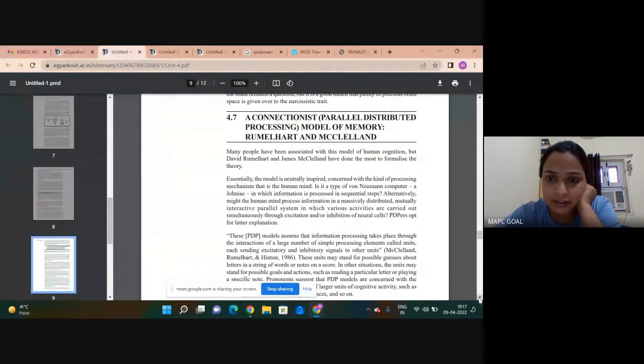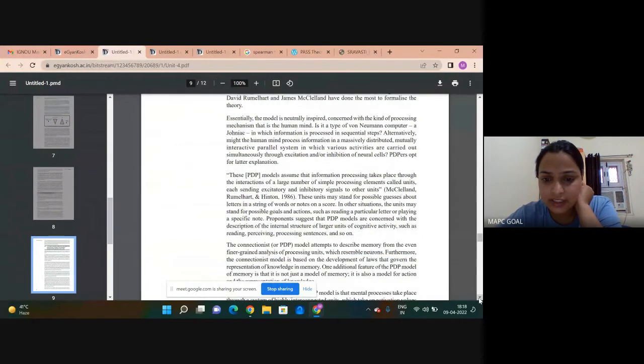Then we have another model of memory that is given by Rumelhart and McClelland, and it is also known as the parallel distributed processing model. Why was there a need for David Rumelhart and James McClelland to formalize this theory?